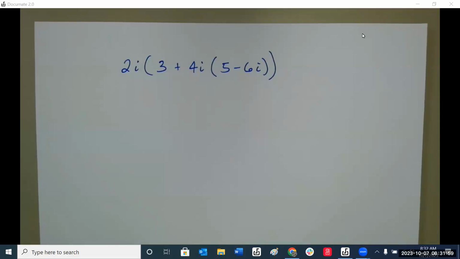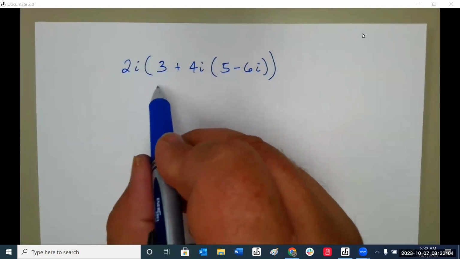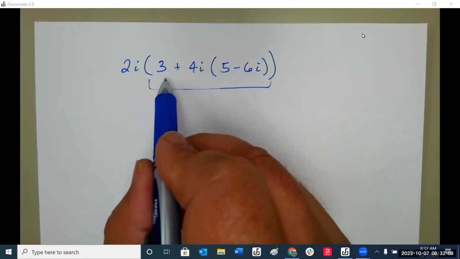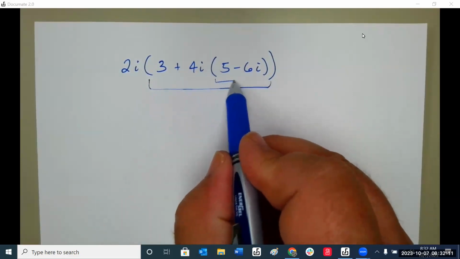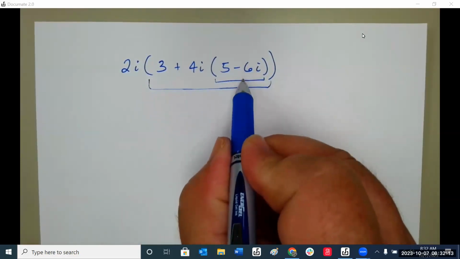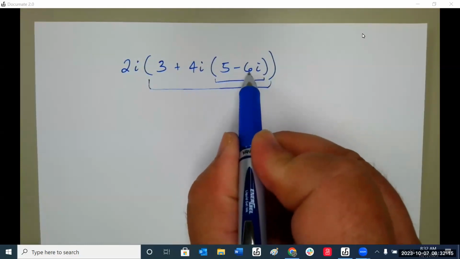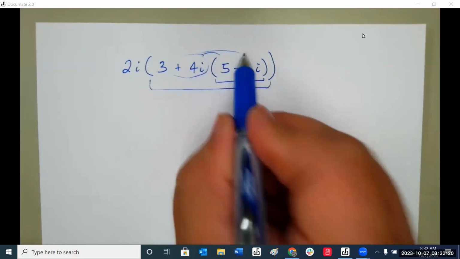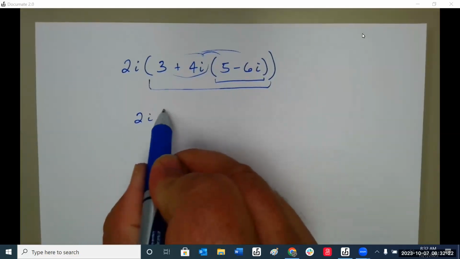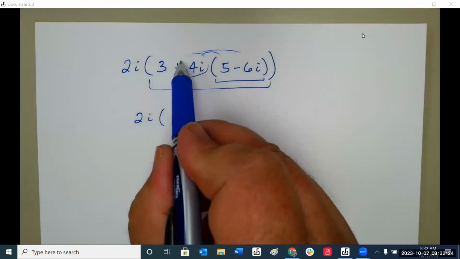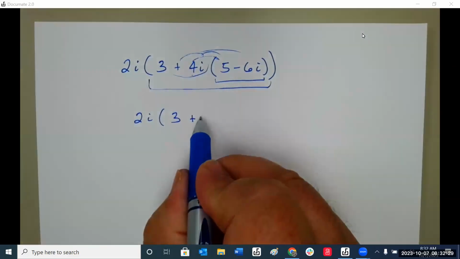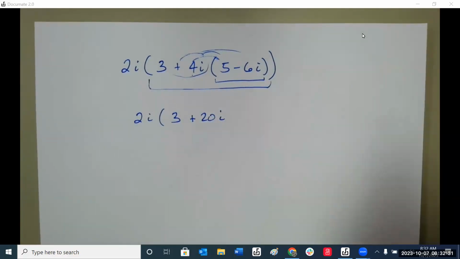Let's say we had this example. Again, order of operations, always start inside. You have to do inside this parenthesis, so left to right. Here we have another parenthesis. We have to do that first. We can't do anything there since it's not like terms, so we have to get rid of it. We have to distribute. We have to get rid of the parenthesis. So positive times positive is positive. 4 times 5 is 20i.